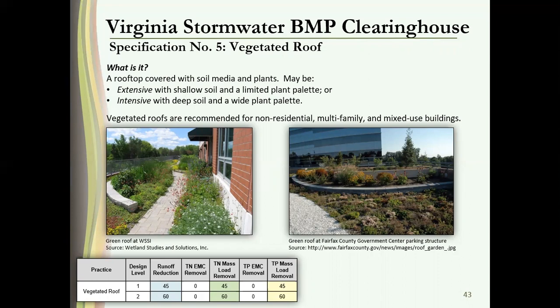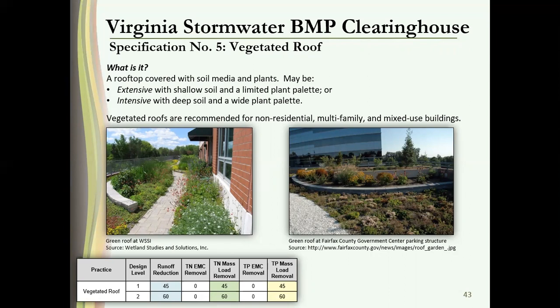If you can convert your impervious roof into a water absorbing surface, then you can capture quite a lot of rain depending on the media that you use. There are 2 kinds of green roofs. You have the extensive and the intensive. That has to do with the soil depth.